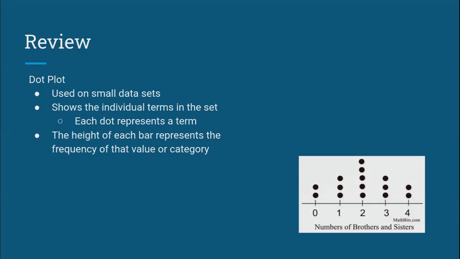And if we had to go from the graph to the actual data set, we would have 2 zeros in our data set. We would have 3 1s, 5 2s, 3 3s, and 2 4s. So a dot plot is good if you want to see individual terms, because you can talk about the individual members of this set.